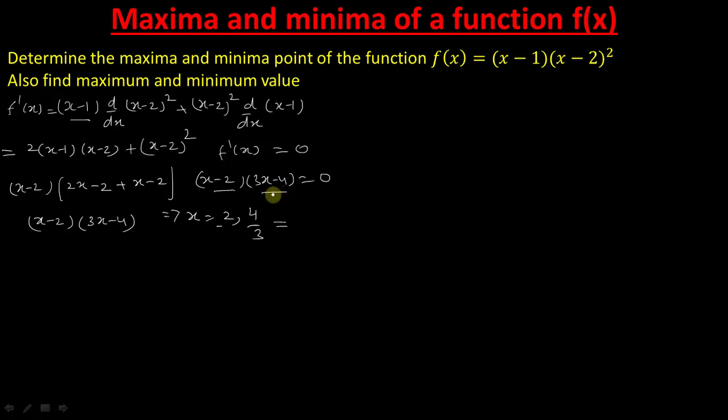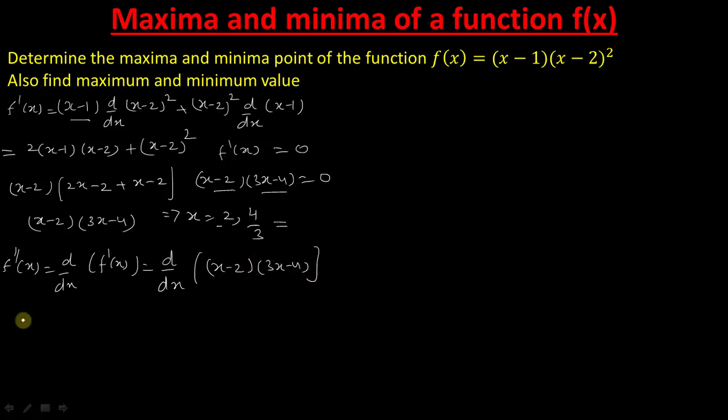Now the first derivative is (x minus 2) into (3x minus 4), so f double dash x, the second derivative, is equal to dy dx of f dash x. So it is equal to dy dx of (x minus 2)(3x minus 4).